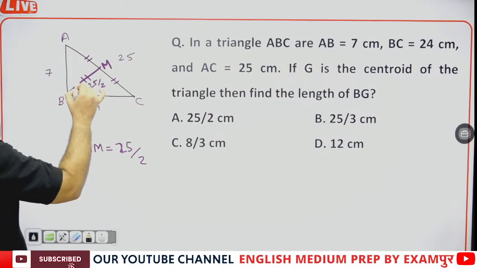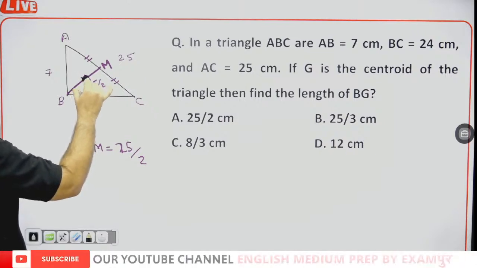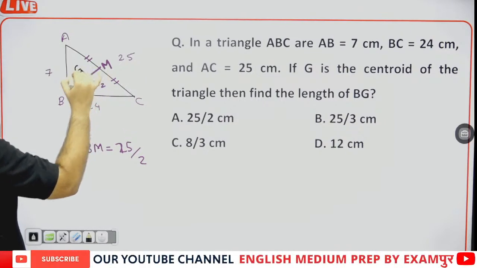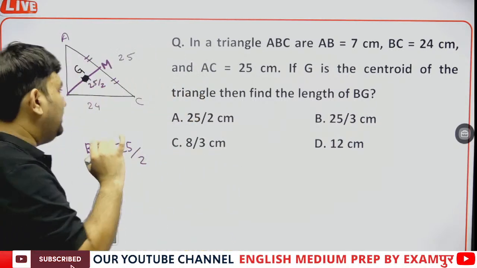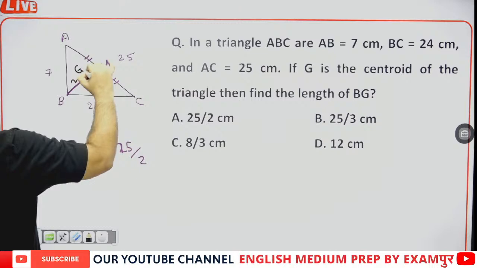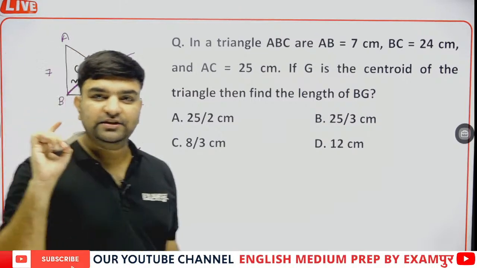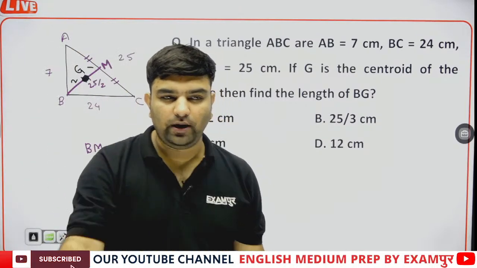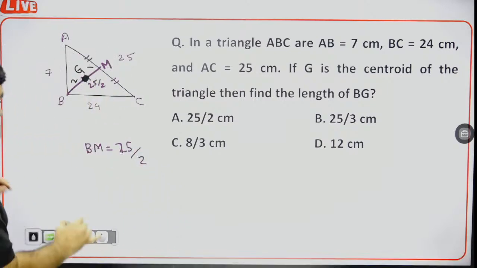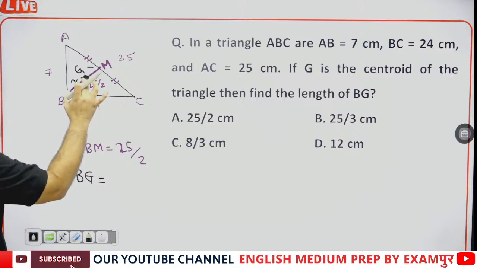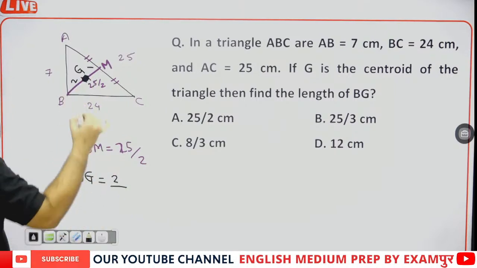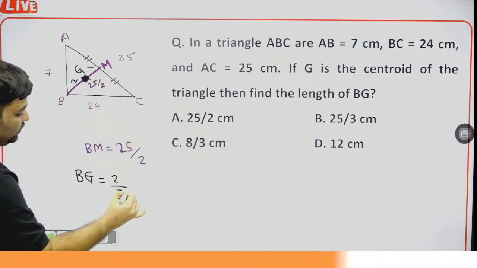G is the centroid. The centroid lies on the median, and it divides the median in the ratio 2:1. So the portion BG is 2 by total 3 of the total BM.